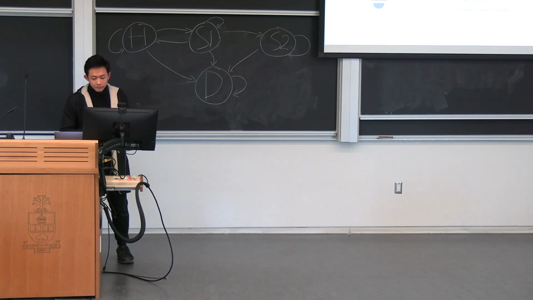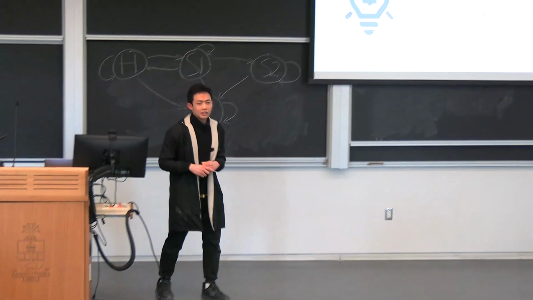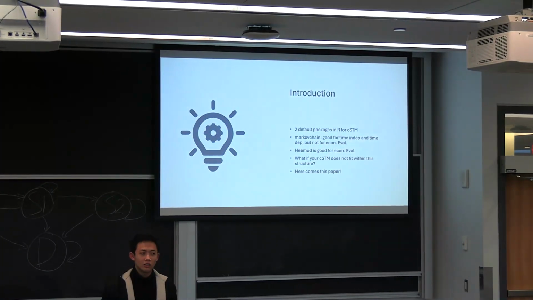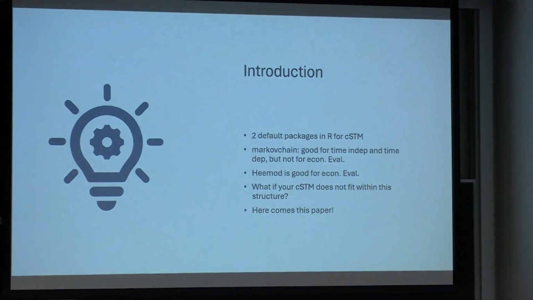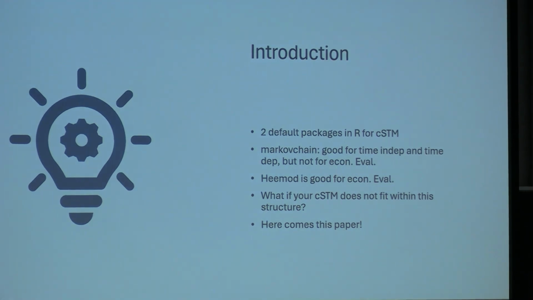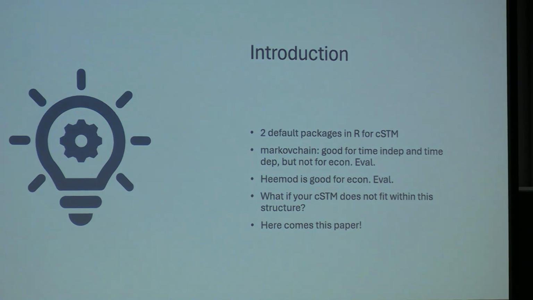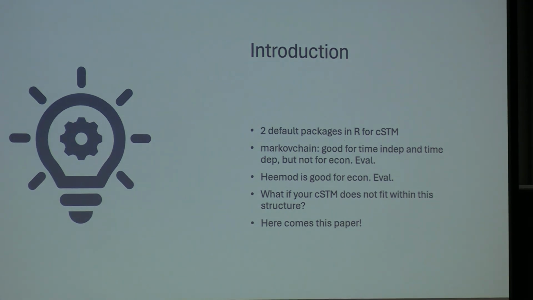Also, I know you are programmers, so you know there are a lot of libraries out there in Python, in Julia, in C++, and even in R. Two of them are very famous: heemod and markovchain. For cSTM, markovchain is very good for time-independent models, but it is not designed for economic evaluation. On the other hand, heemod is good for economic evaluation.